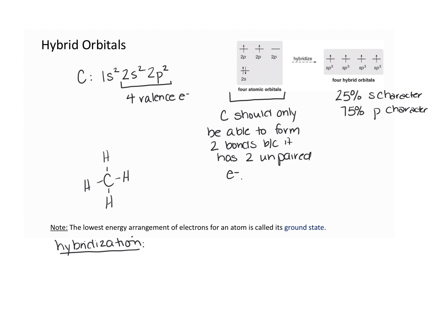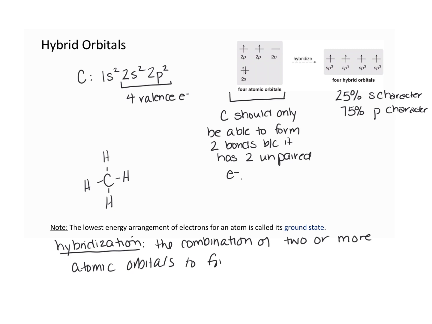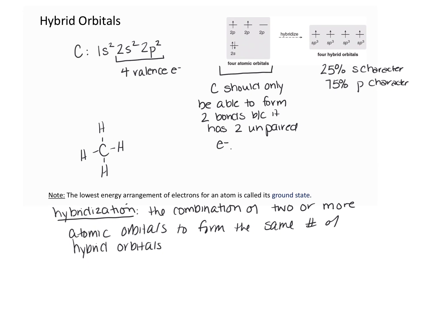So when we talk about hybridization, it's just the combination of two or more atomic orbitals to form the same number of hybrid orbitals, each having the same shape and energy.